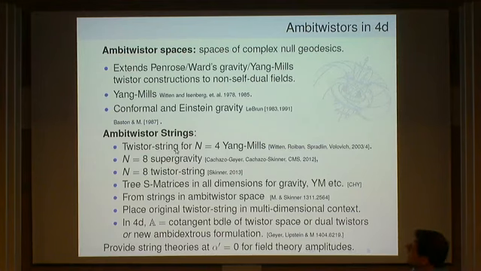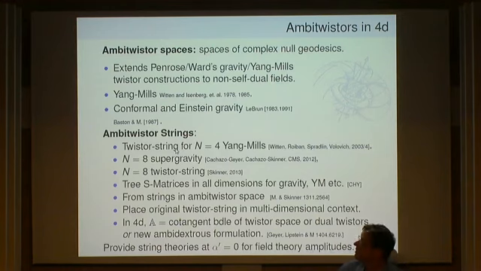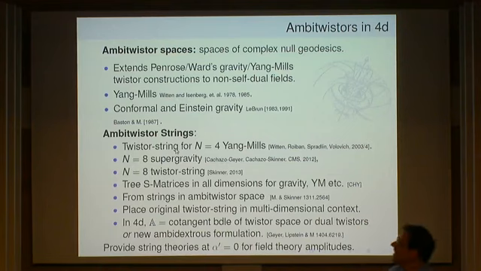And so in '78, the ambitwistors were introduced. They're essentially a cotangent bundle of twistor space, but they're also complex null geodesics.